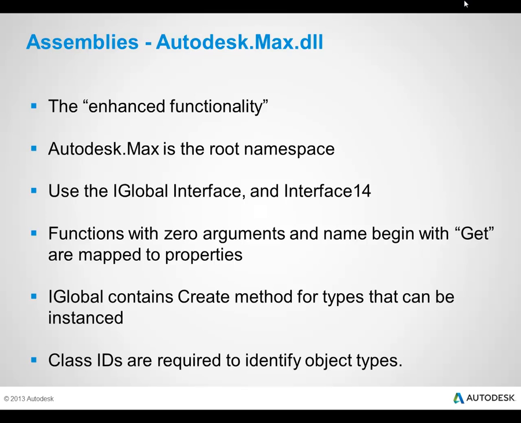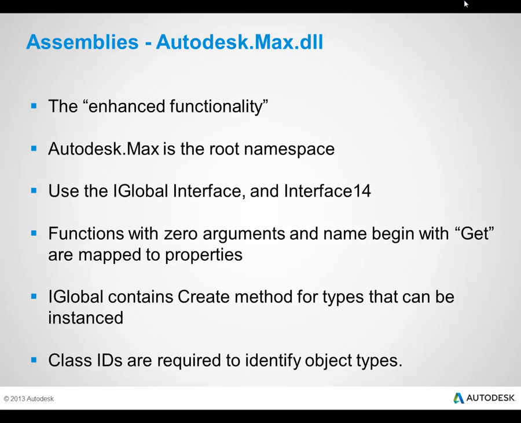Okay? So this is helpful to know when you're first learning, because let's say the C++ API is get current node. It would be called get current node in C++ and current node in the .NET API. And it would be a property instead of a function. Okay? So they tried to basically convert all of these things that would be considered properties in .NET to actual real properties.